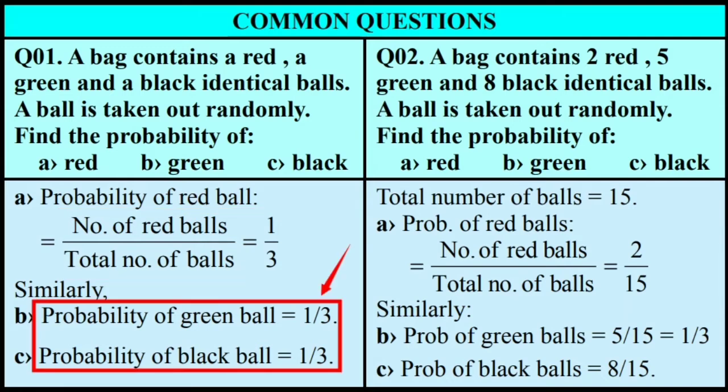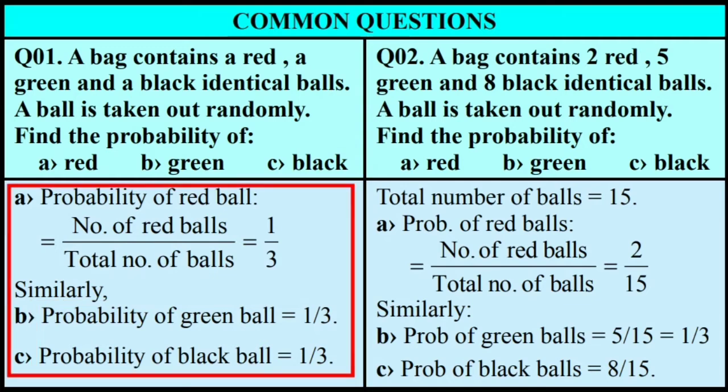Since the bag contains only one red ball, only one green ball, and only one black ball, the probability of a green ball is also 1 by 3 and the probability of a black ball is also 1 by 3. Hence all these are called elementary events.